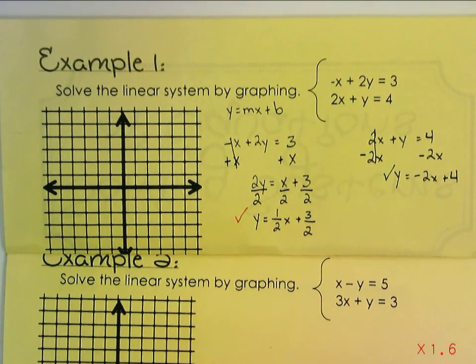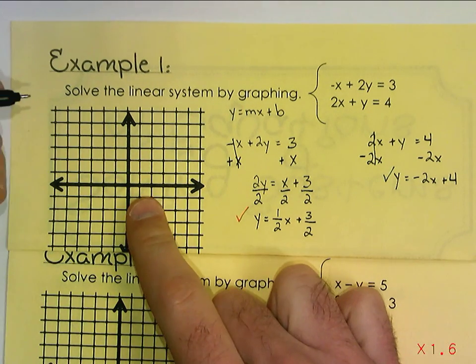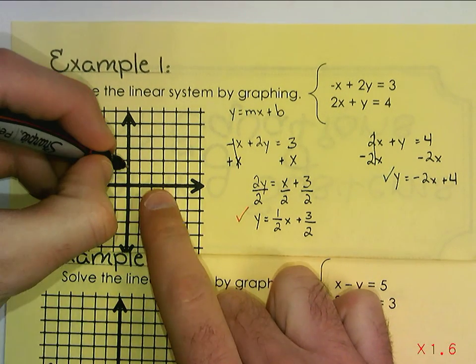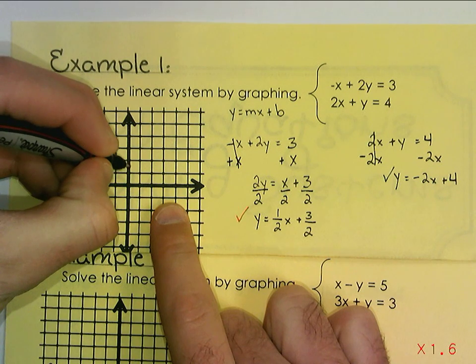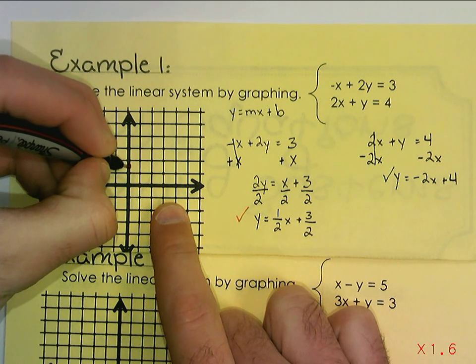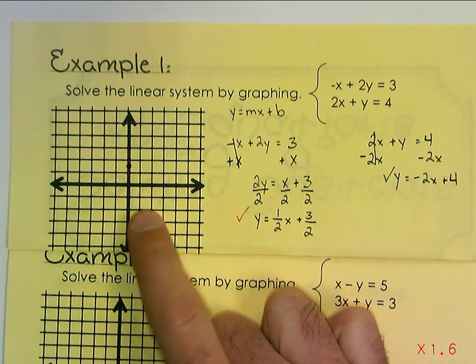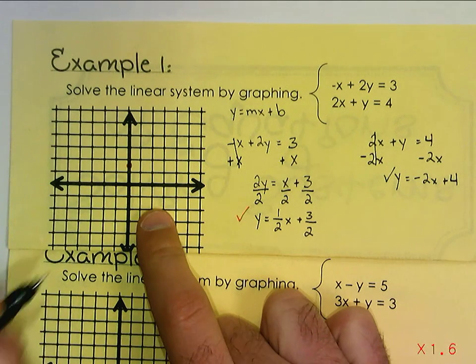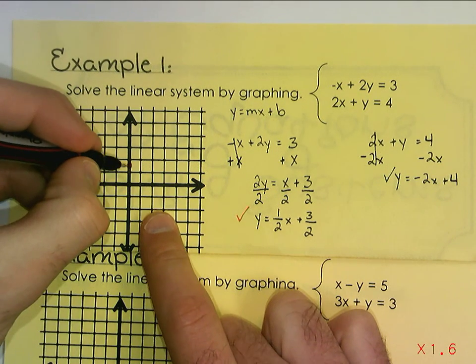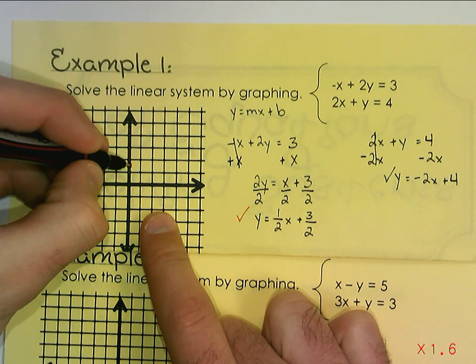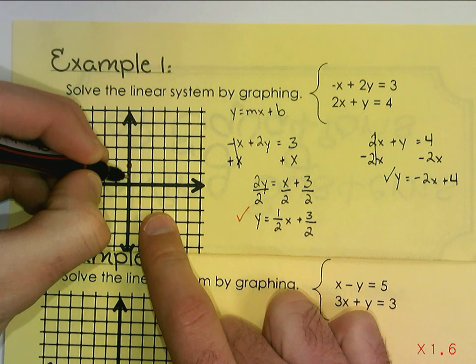So plotting this first line is going to be a little bit goofy because our y-intercept is 3/2, which is also 1.5. So I'm going to do my best here to plot 1.5. So right in between here. And sometimes this happens where you have to plot like this. It's not always a nice whole number. Then we have to plot 2 other points. So if I go down 1, I'd be at 1/2.